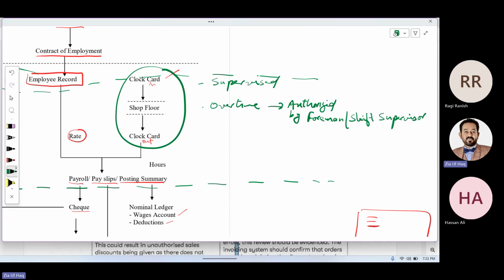Suppose in your company, you are producing chairs, and you have 10 employees in your department to produce 10 chairs on a daily basis. This is your target. Every day you have to produce 10 chairs and you have 10 employees. Suppose on any day, 2 employees are absent. Can you complete your target with 8 employees?